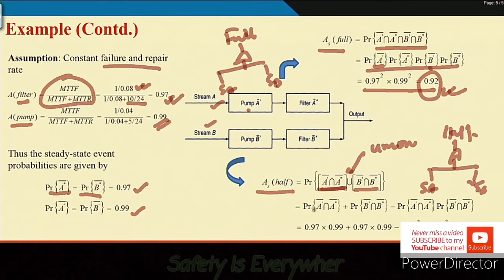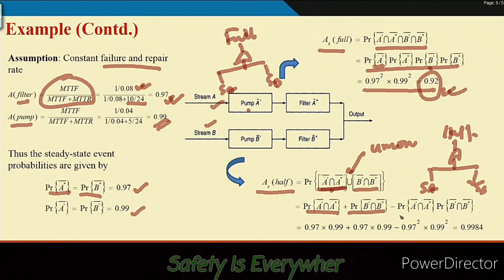Now, this is stream A and this one is stream B. So, probability of stream A plus probability of stream B minus the intersection of the two. So, as a result, the availability of half for the system, the probability is 0.9984.